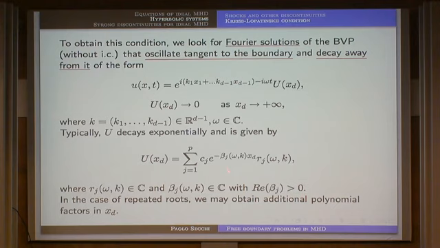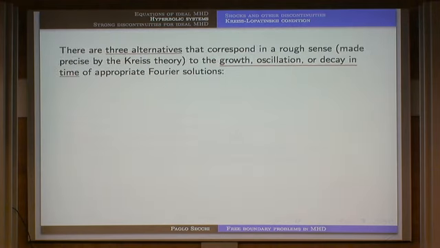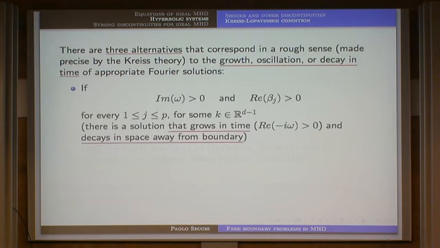So we obtain typically these kinds of things. Now, there are three alternatives essentially that correspond in a very rough way to growth, oscillations or decay in time of these appropriate Fourier solutions.